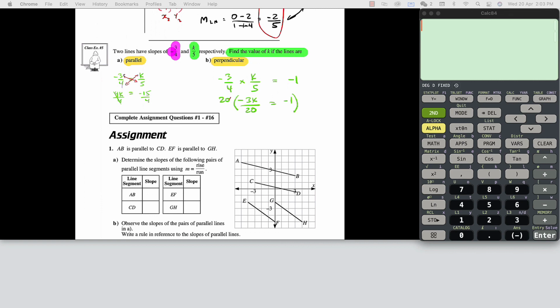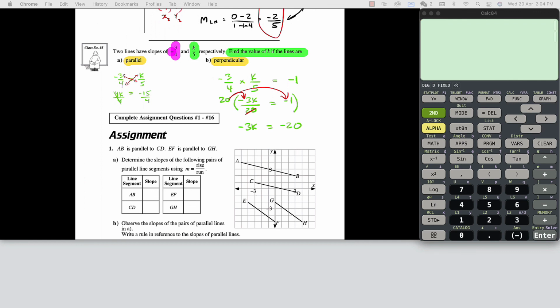When I multiply 20 by this first term on the left side of the equal sign, it's going to be 20 times negative 3k divided by 20. Basically, it just cancels out the 20, and you're left with negative 3k equals, well, because I multiplied the left side by 20, I also need to multiply the right side by 20. Negative 1 times 20 is going to be negative 20.